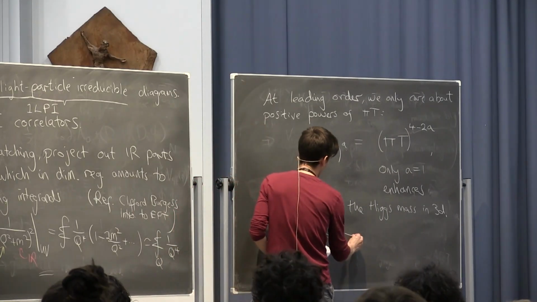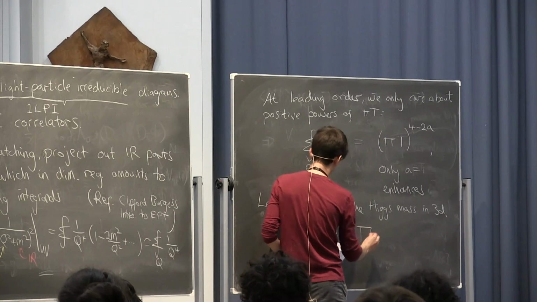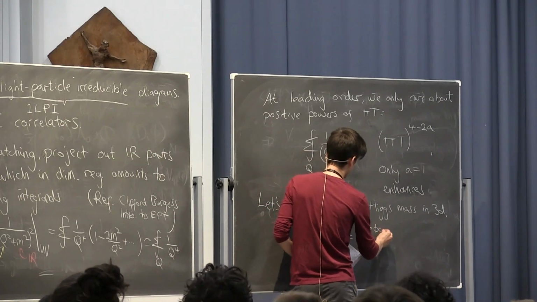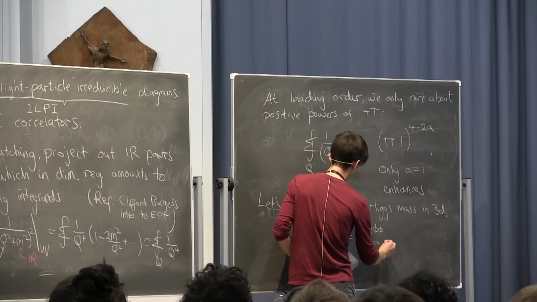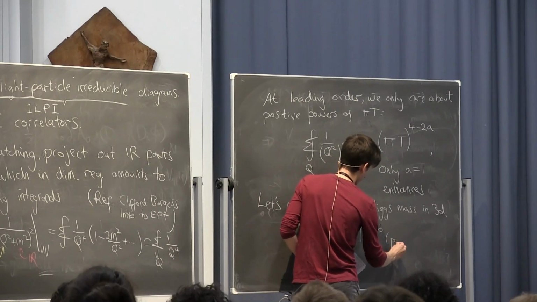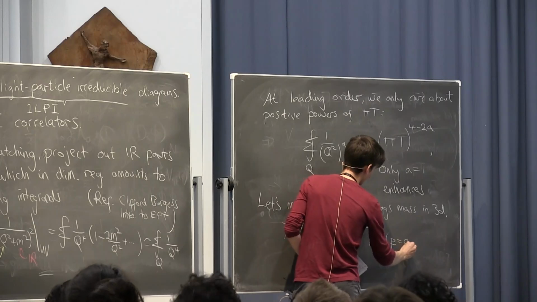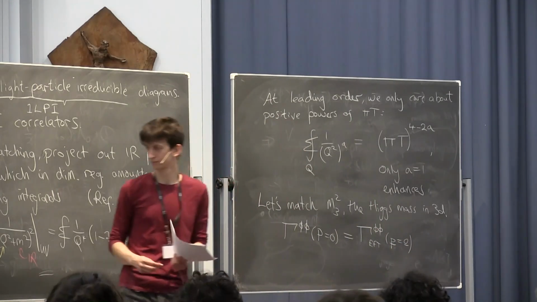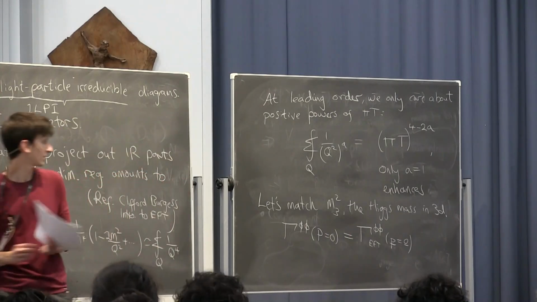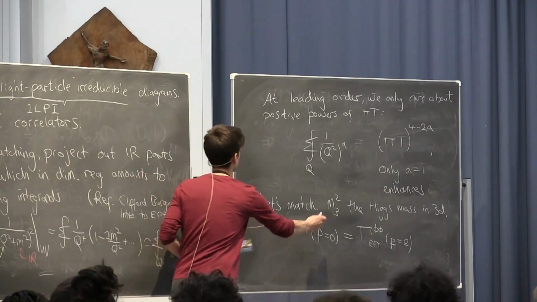And then I'm going to equate that to the same thing in my EFT, where my 3-momentum is 0. And this should give us, hopefully, the Higgs mass.